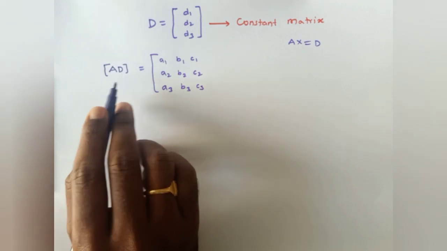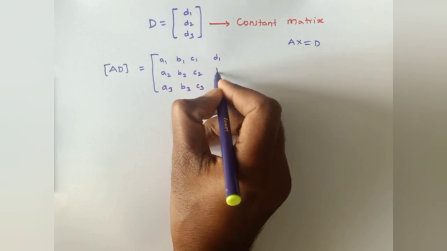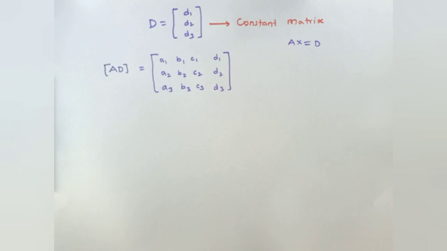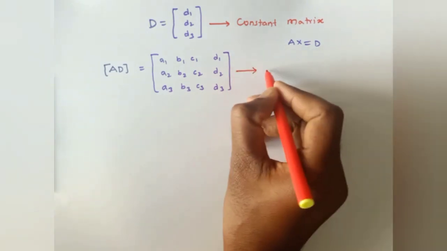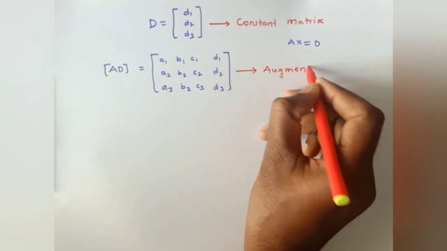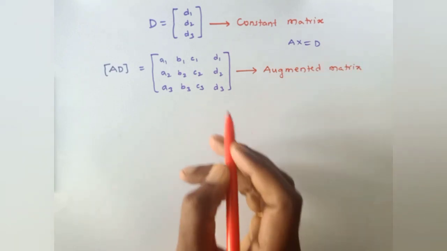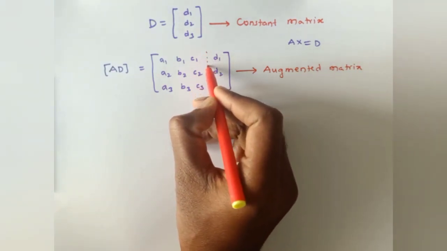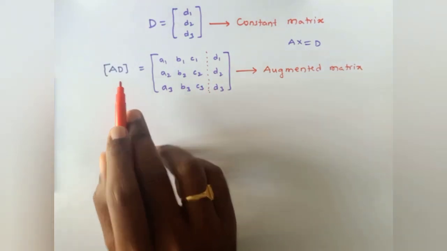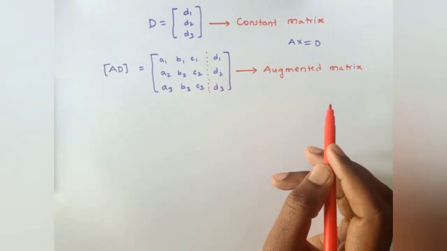I am combining A and D, where D means D1, D2, D3. So this matrix is known as the augmented matrix. Here I am combining D to A, so it is augmented with D. Therefore this is known as the augmented matrix.